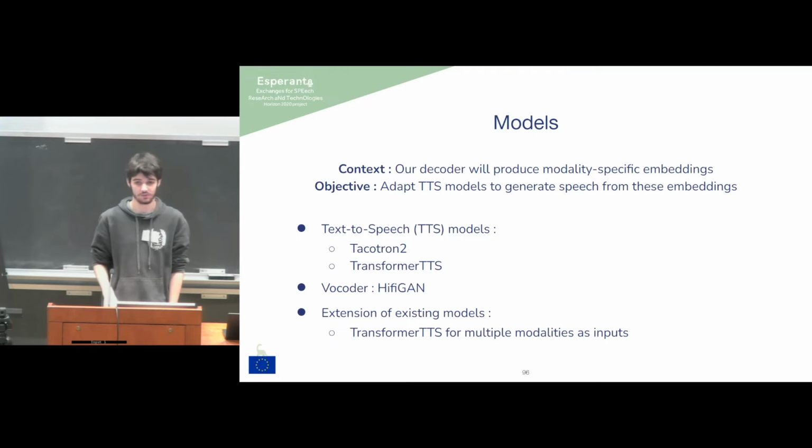And so we did some adaptation that I will present later. We also wanted to extend some of the models to fit in our pipeline. For example, we tried, and we are still working on, a Transformer TTS which would take two inputs and use cross attention to take as much information as we can from both modalities.